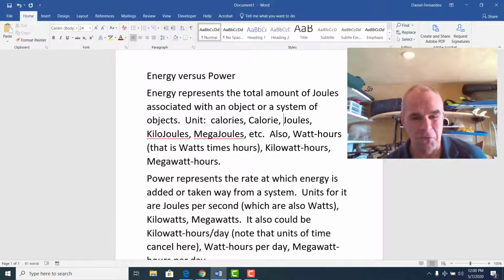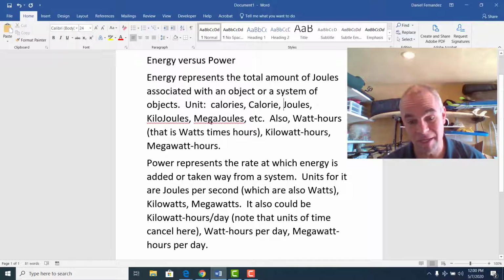So a kilowatt hour is a unit of energy, divided by a day, a unit of time, and you're back to power. Similarly, you could have watt hours per day, megawatt hours per day. You could have megawatt hours per hour, but then you're just back to megawatts, not very interesting. So these are all units of power. That represents a rate of change.